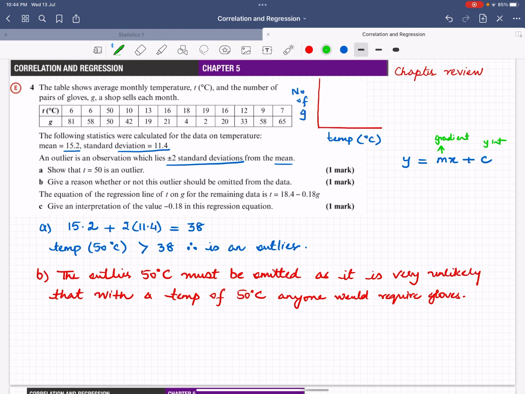But when it comes to statistics, we write the equation of the regression line as y is equal to a plus bx.